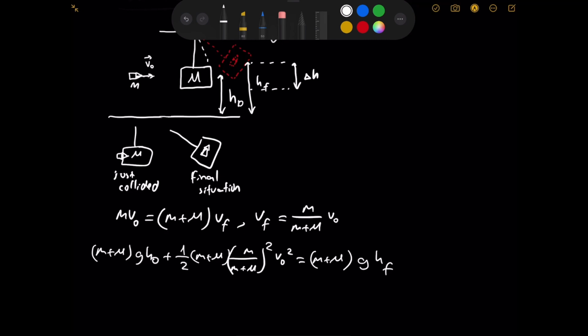Now you might notice that the sum cancels. That's nice. And I said that we were trying to find v naught squared. So if I multiply both sides by 2, we get rid of this, like so.